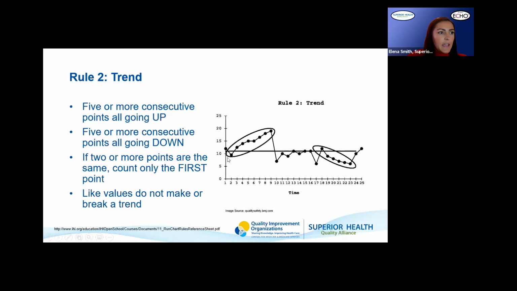Again, we can see that here in this first circled area: 1, 2, 3, 4, these 2 are the same, so we would skip the second one, 5, 6, 7. So that does fall under 5 or more consecutive points all going up. There's no need to worry about how much change there is between points, just that they continue to go up or down. And again, this does signify that a statistically significant change has been made.